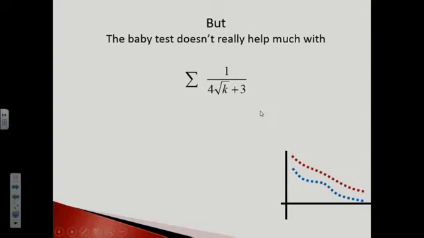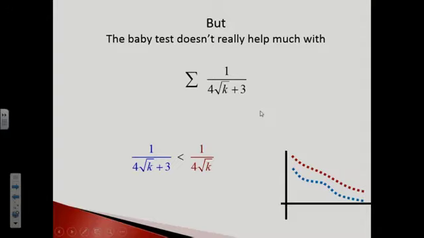It is not always easy to make a suitable direct comparison between two similar series. For example, we would expect the series sigma 1 divided by 4 square root of k plus 3 to diverge because it is so much like the divergent series sigma 1 divided by 4 square root of k. We have 1 divided by 4 square root of k plus 3 is less than 1 divided by 4 square root of k for all k greater than or equal to 1.